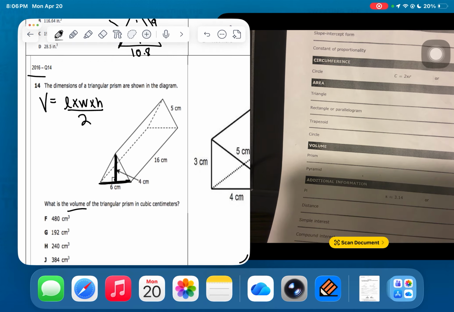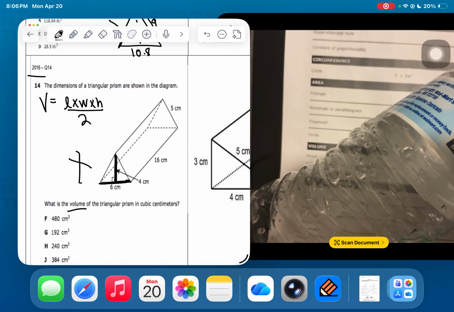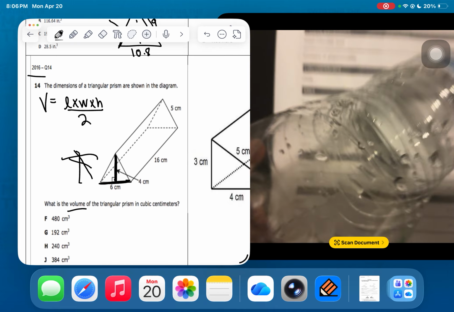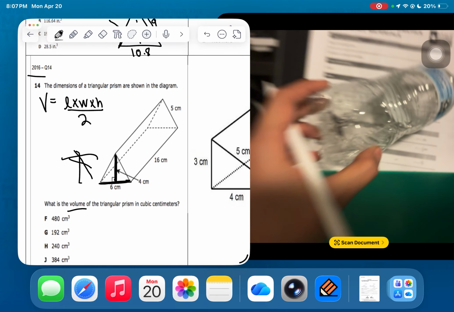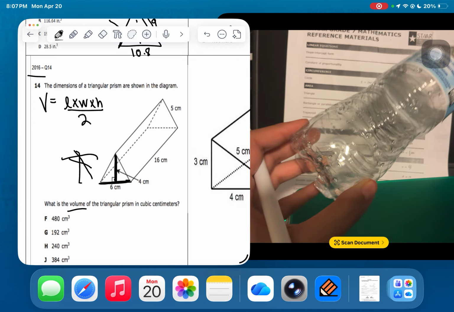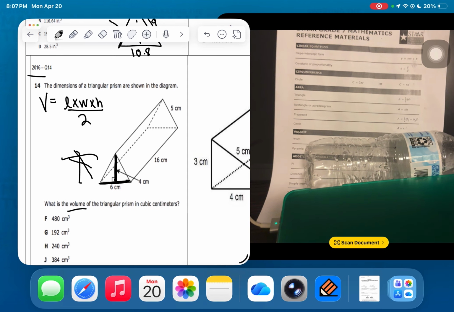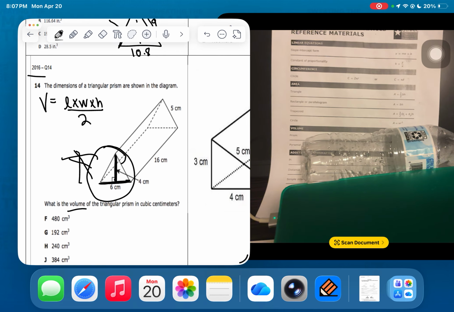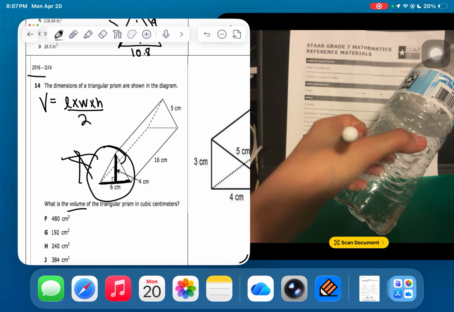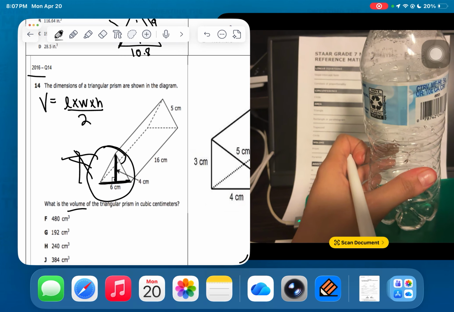And now, think about it this way. This prism that I have on the left, it's standing like this. If I want to put the base where it's supposed to go, because the base is this one, if I put it on the floor as it should go, which one is going to be your height?